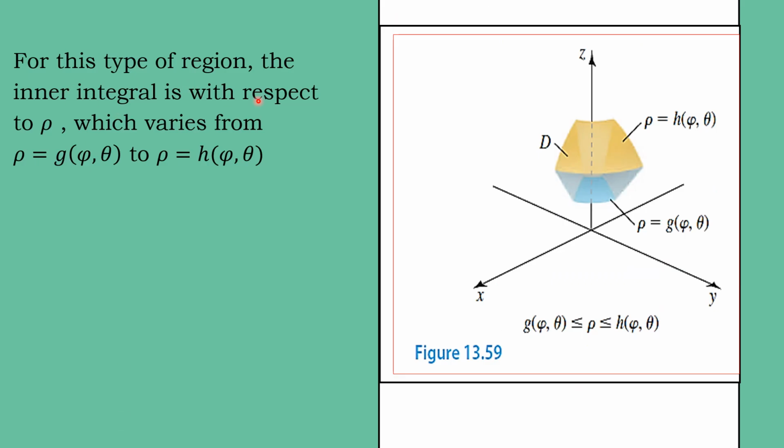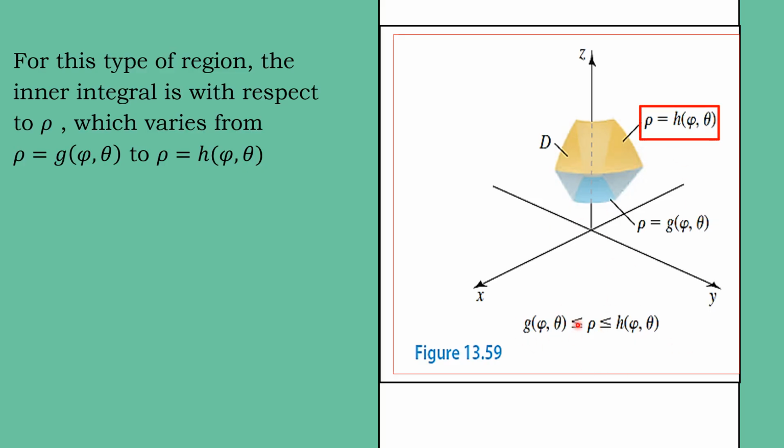For this type of region, the inner integral is with respect to rho, which varies from rho equals g of phi and theta to rho equals h of phi and theta. These two functions g and h are just surfaces, as we mentioned in the previous slide.